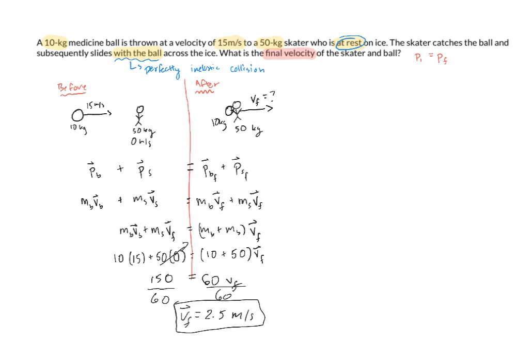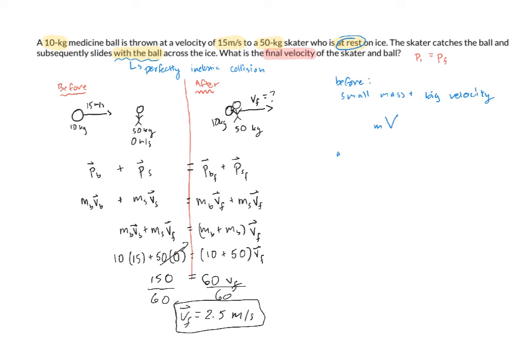So, before, we have a 10 kilogram medicine ball, so a smaller mass, moving at a larger velocity. I'm going to do this in a new color. So we have a small mass, so this is our before situation. Small mass plus big velocity. So little mass, big velocity.